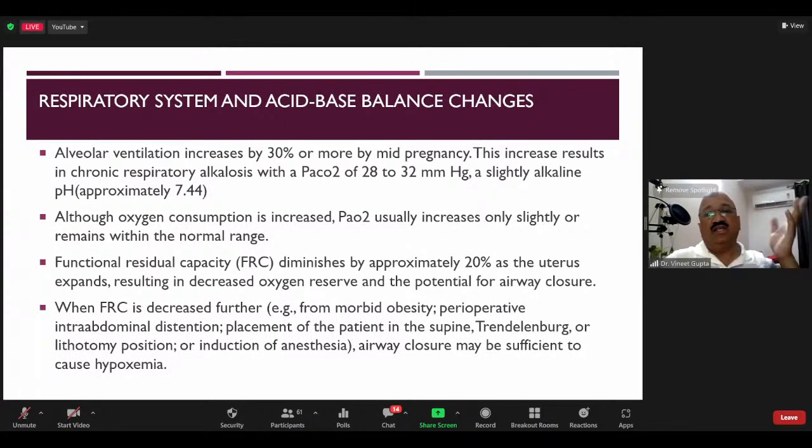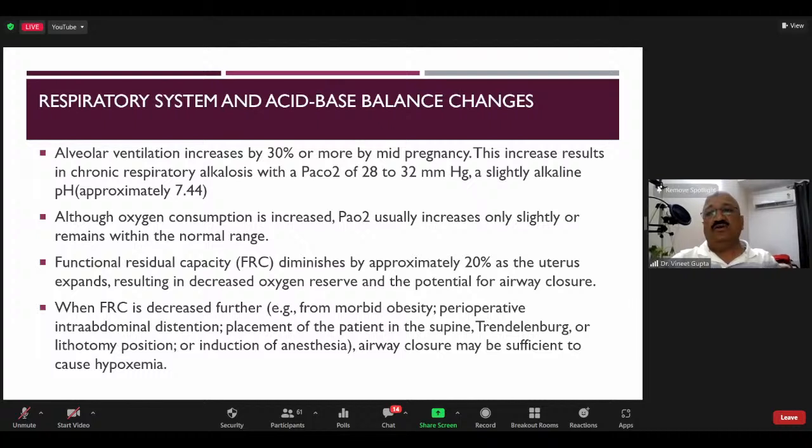Alveolar ventilation increases by 30% and PaCO2 runs between 28 to 32, slightly alkaline at pH 7.44. Oxygen consumption increases a little bit, but remains within the normal range. Functional residual capacity diminishes by approximately 20% as the uterus expands, resulting in decreased oxygen reserve and potential for airway closure.